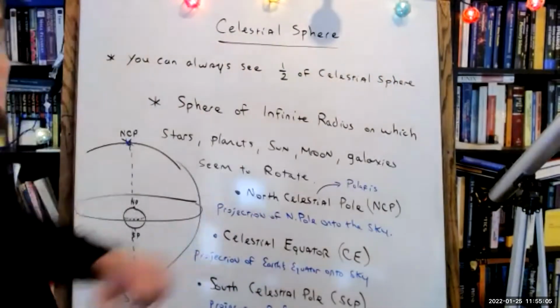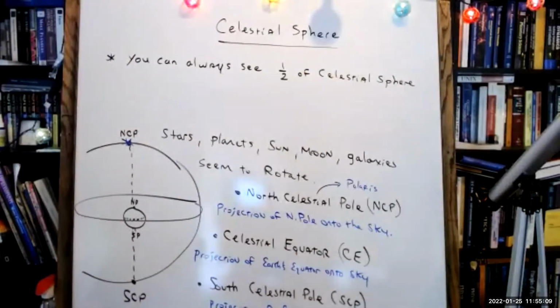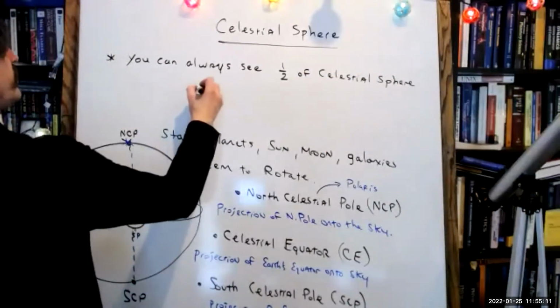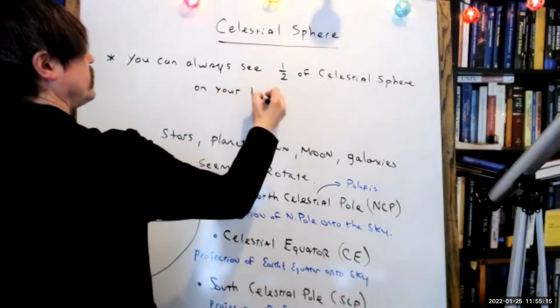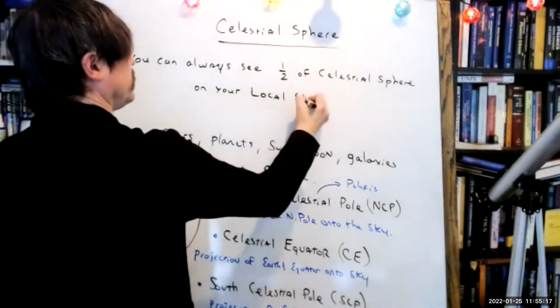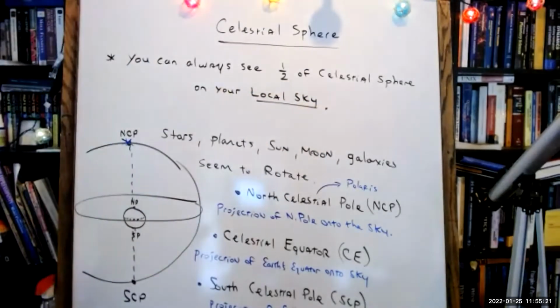Sorry, I'm going to have to erase a little bit of this here. You can always see 1/2 of the celestial sphere on your local sky. And local sky is a buzz phrase today, okay?